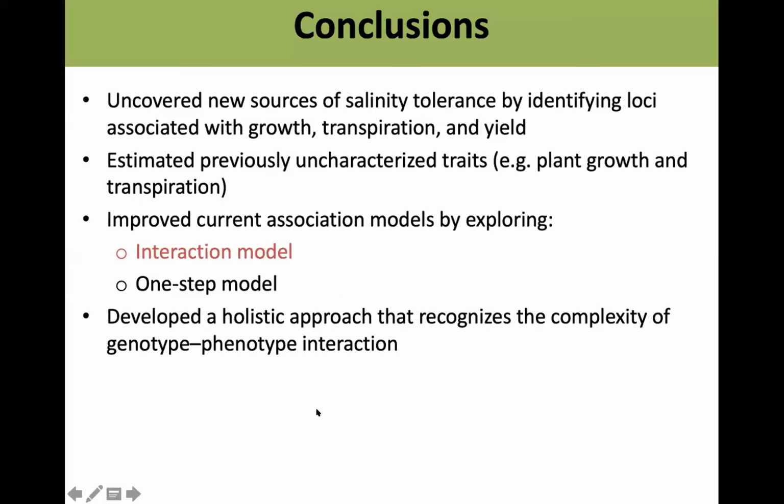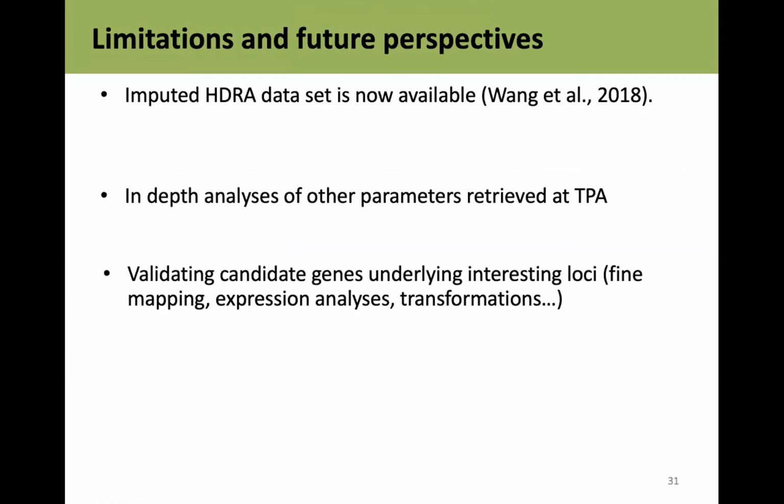And the whole point of my PhD, or my projects, is to develop a holistic approach that recognizes the complexity of genotype and phenotype interaction. Some of the limitations and future perspectives are that I used the 700K SNP data. There is now 4.8 million SNP data, so it would be interesting to run GWAS on that and see what kind of significant SNPs or hits I get.